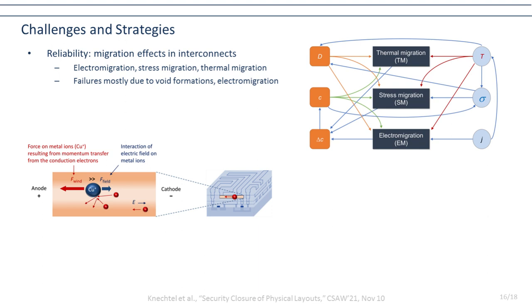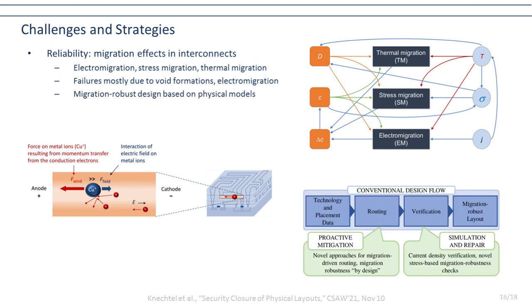But most of the failures of interconnects are due to electromigration, that is literally the movement of the atoms of the materials in the interconnects, in the wires, when the chips are under stress. So these migration effects can and have been considered in a conventional design flow by different means. Basically, again, we need physical modeling, and with such modeling, we can then also account for these issues in the design flow.